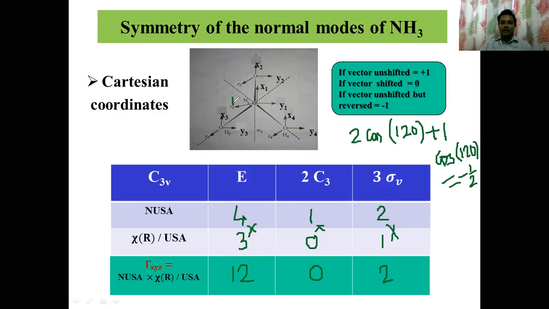So now Z1 is 1. Now when X1 rotates by 120, it comes somewhere here. So the contribution from this is going to be minus half. Again, Y1 is going to be somewhere here, right? So that is again going to be minus half. So that is minus half for this and this. So that is minus 1, and this one is going to be 0.